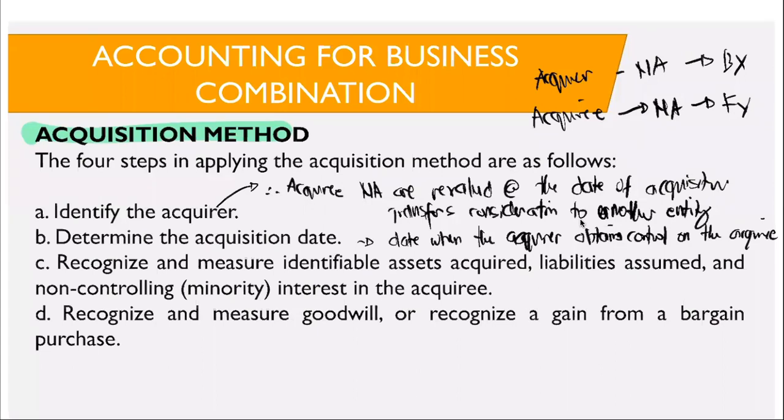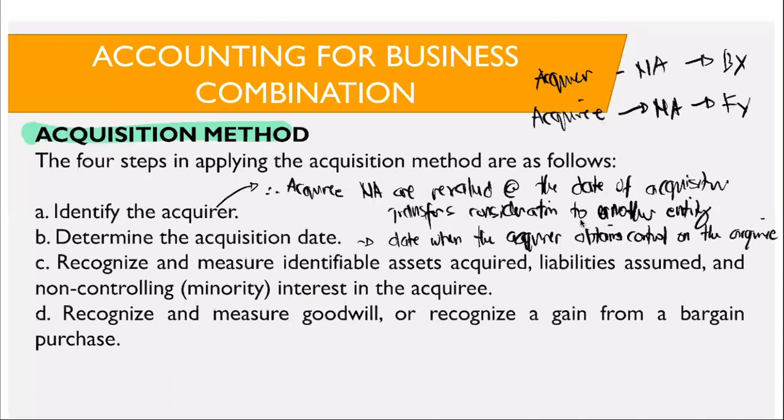After step letter A and step letter B, we go now to step letter C. What is the step letter C? We recognize and measure identifiable assets acquired, liabilities assumed, and non-controlling minority interest in the acquiree. So what do we recognize here? We recognize the assets that we purchase out of one entity.